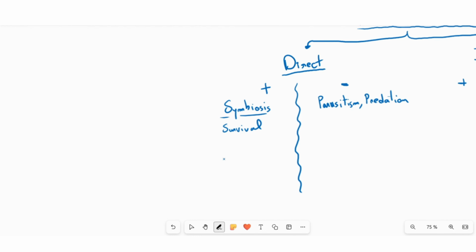It means that one bacteria is going to come into direct contact with another bacteria, or a bacteria comes into contact with the plant, right?